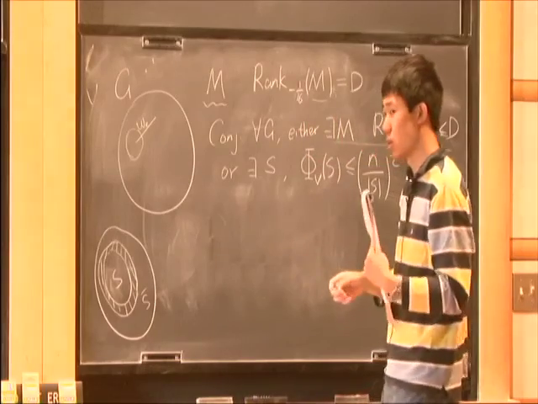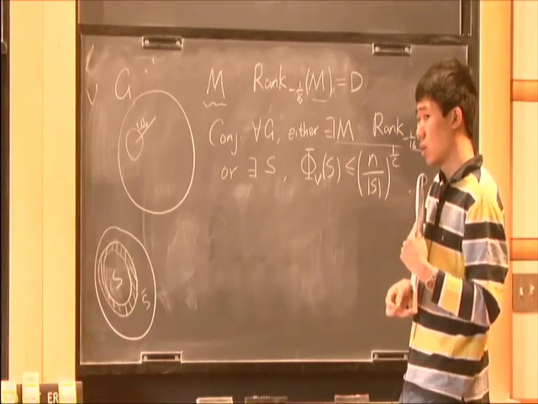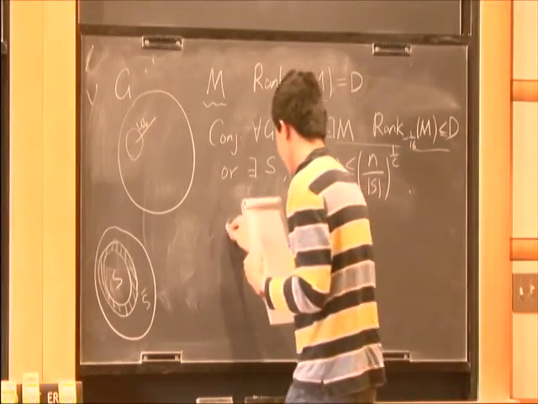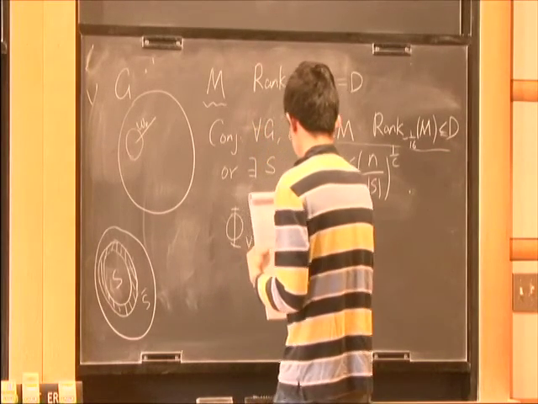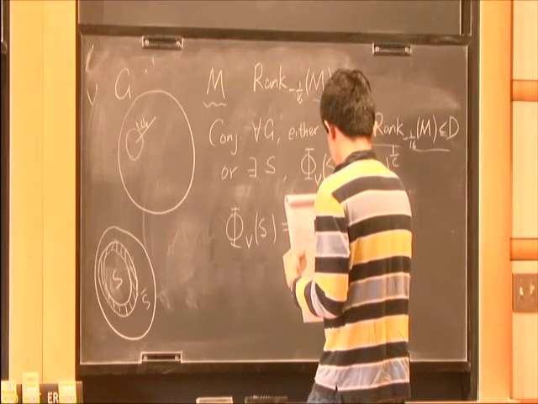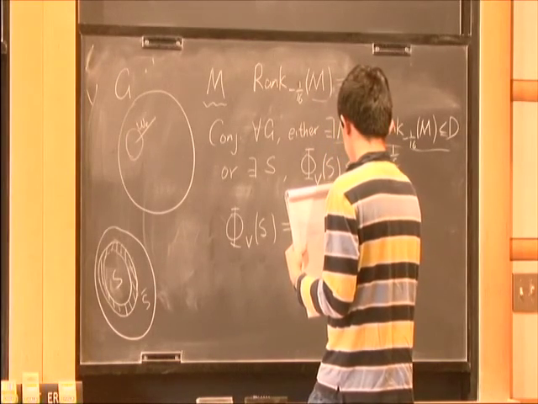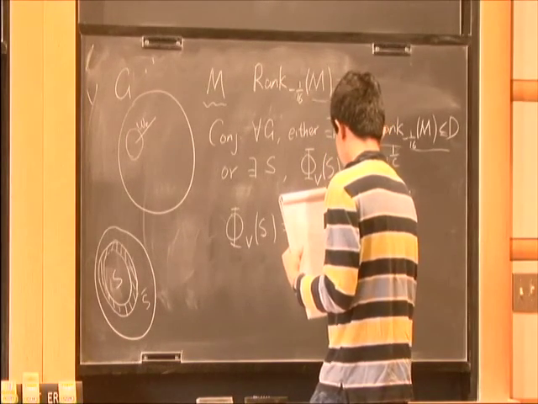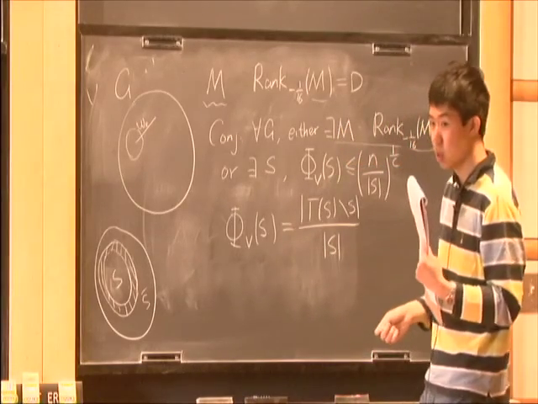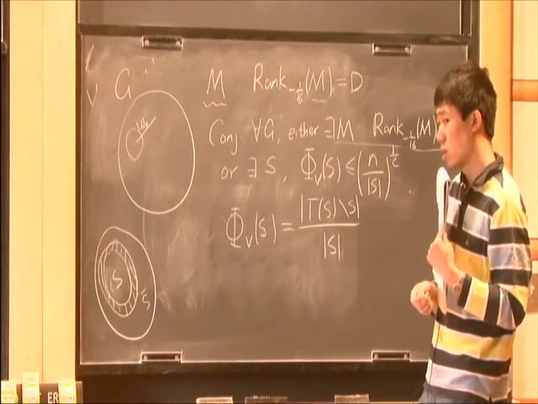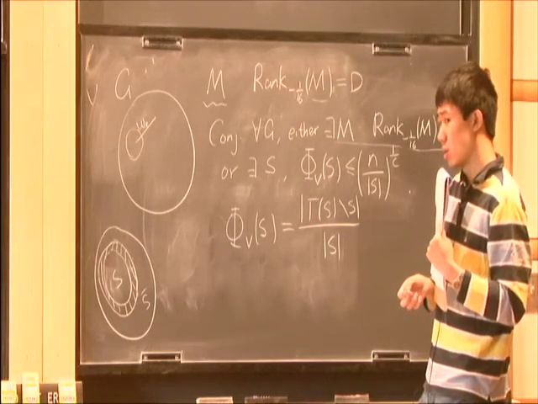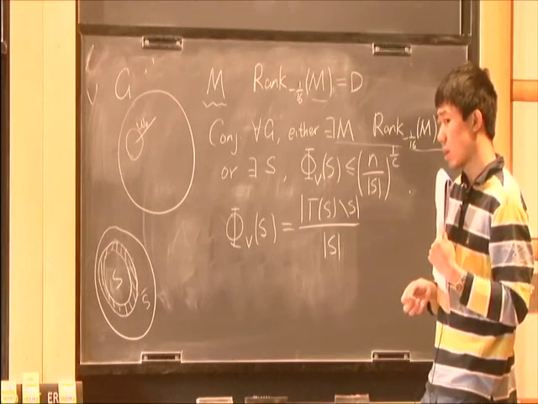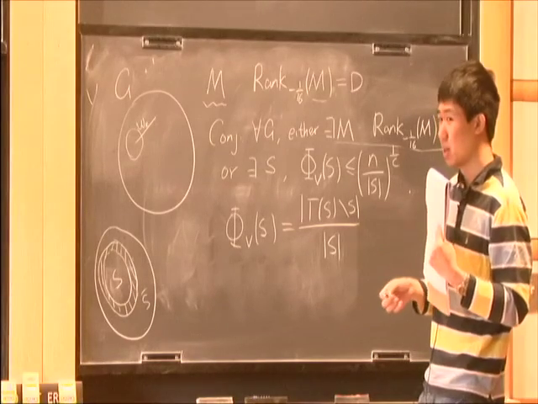Also, what is the notion of expansion you're using here? Right. The definition of vertex expansion of S is the size of the neighbor of S minus S, divided by the size of S. Okay. So the conjecture states that the number on the right is something larger than 1. Yes.